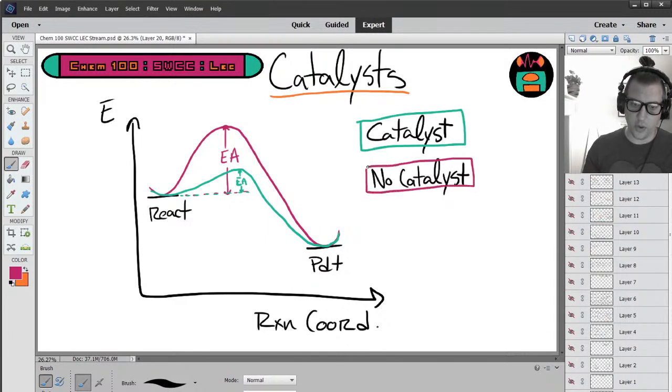This is no catalyst, the uncatalyzed reaction, versus the catalyzed reaction. You can see that the catalyzed reaction has a lower energy of activation, which means it's faster. You start with the same reactant, you end with the same product. The catalyzed pathway has a lower energy of activation, so it will have a faster reaction.